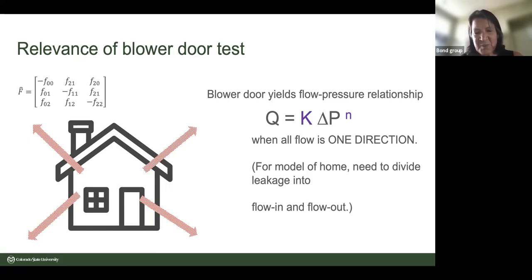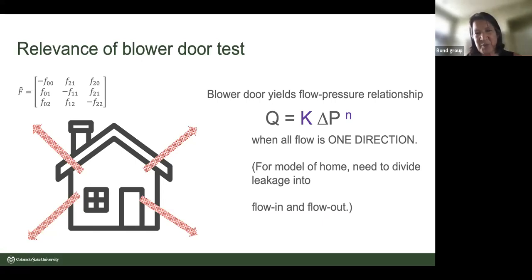What you do with the blower door, which is a giant fan, is you either pressurize or depressurize the house so that all the cracks in the house are essentially at the same pressure. And then you measure the flow through the fan. In the fancy test, you do that for a number of different flows.